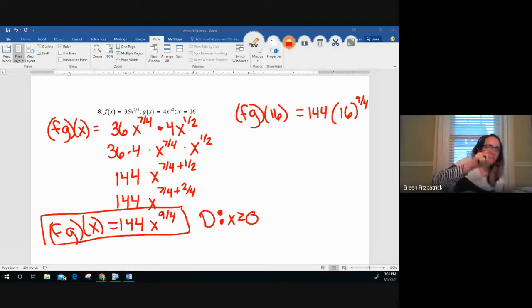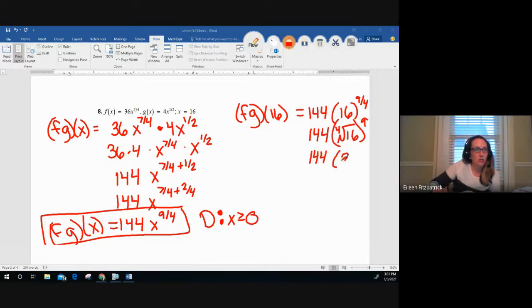Fourth root of 16, 2 to the ninth is 512, and then times 144. I'll write that out in case I lost you. I had to type it into my calculator though. So the fourth root of 16, and then raise that to the ninth. So it was 2 to the ninth, which is 512, and then 512 times 144 is 73,728.